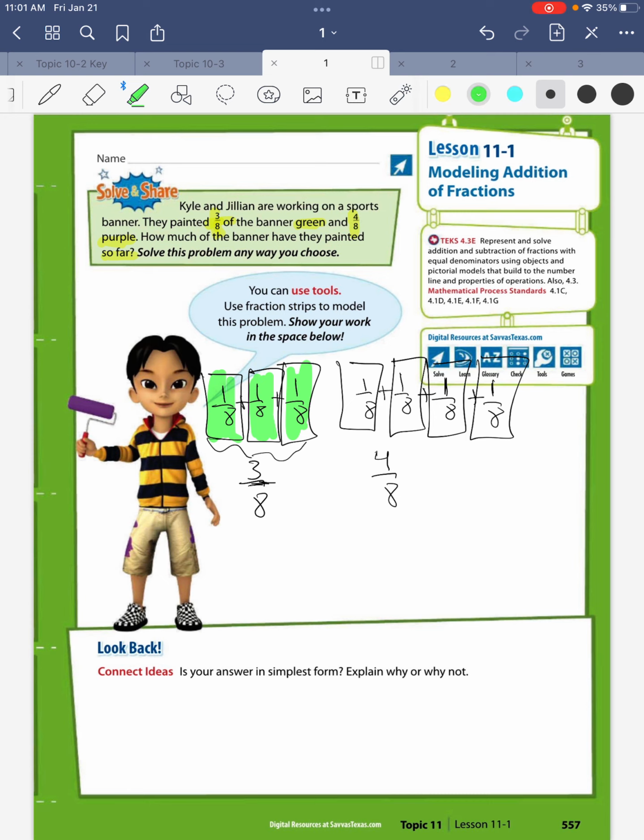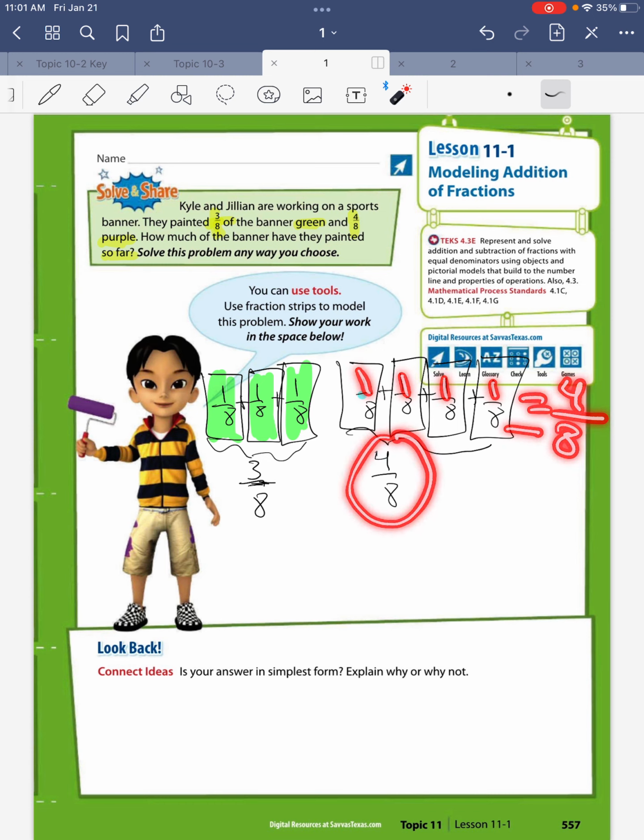And I don't have the color purple, so I'm just gonna leave it like that, okay? And remember, if I add all these ones, 1, 2, 3, 4, I get 4, and I just slide my 8, and I have 4/8 here, okay? I'm just showing you a model, so it makes more sense.